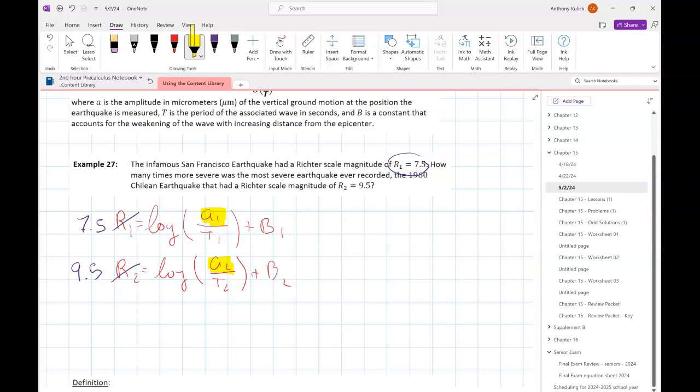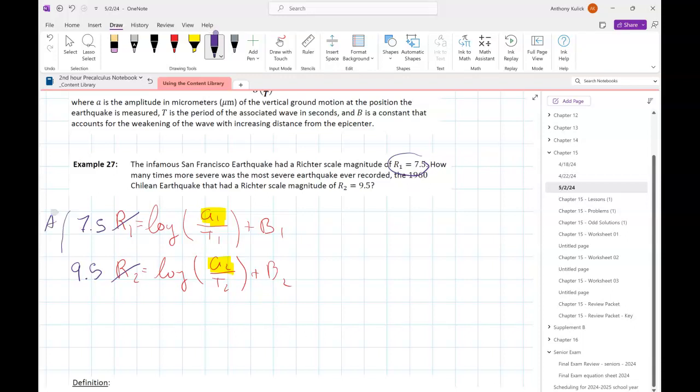Seems like I have two equations and about 6 different variables. That's kind of a problem, right? But maybe not so much. So let's think about this. What I'm going to do is subtract the two equations from each other.